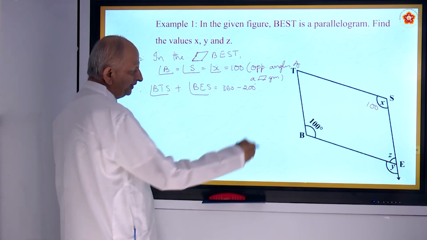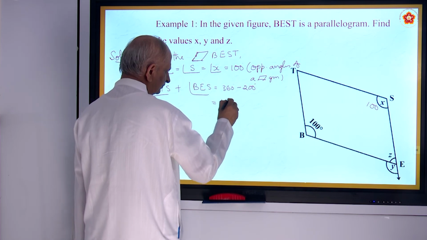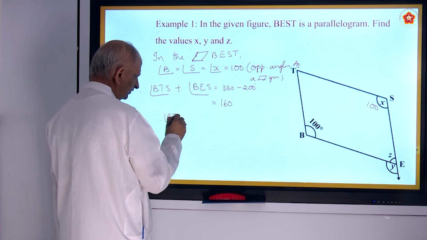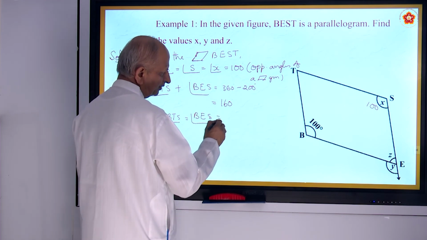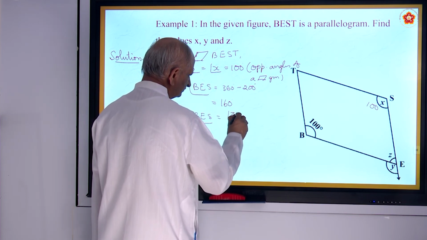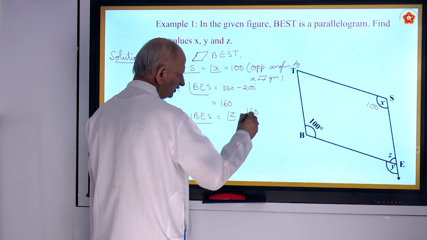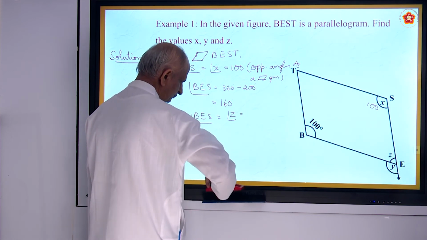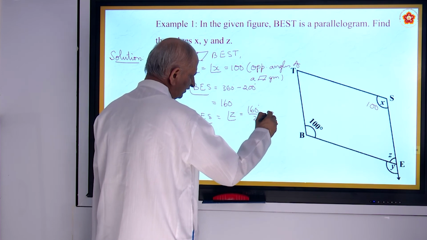Why 200? B plus S is 200, that is equal to 160, and therefore, each angle BTS is equal to BES, which is also equal to angle Z. How much? 160 by 2. Why by 2? Because they are equal. So, 160 by 2, that is 80 degrees.